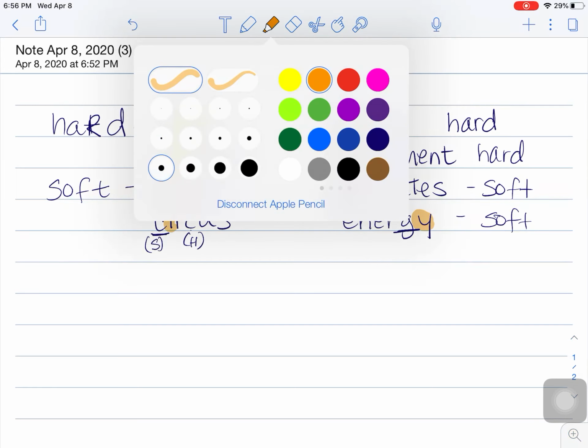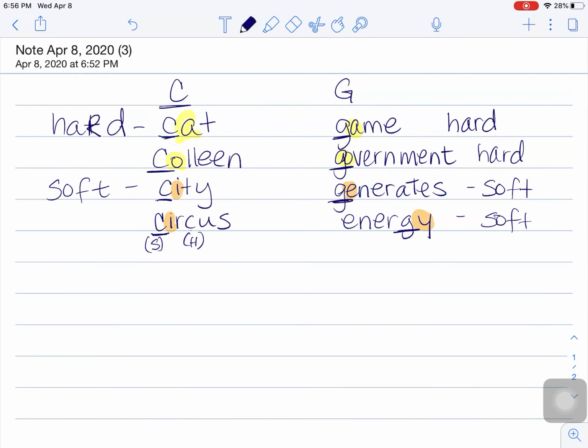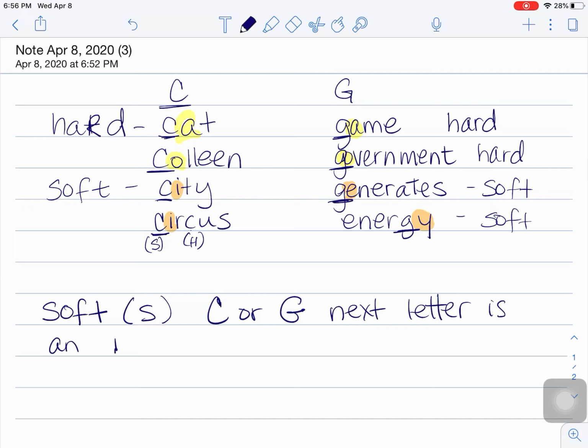Okay, so in the English language, the way that you know how to pronounce something is for a soft, right, which is the S sound, for C or G, if the next letter is an I or an E or a Y, okay, that's going to give you soft.